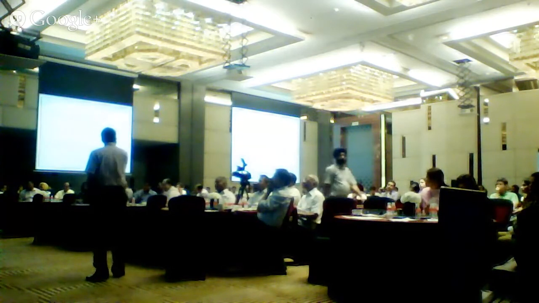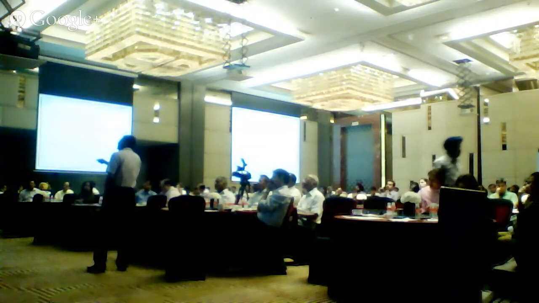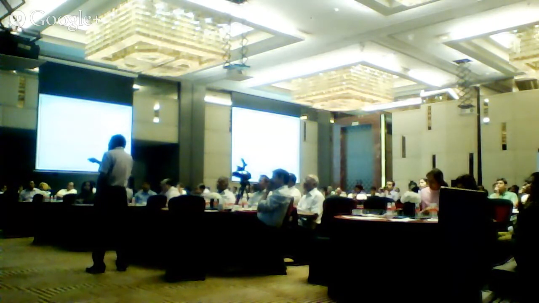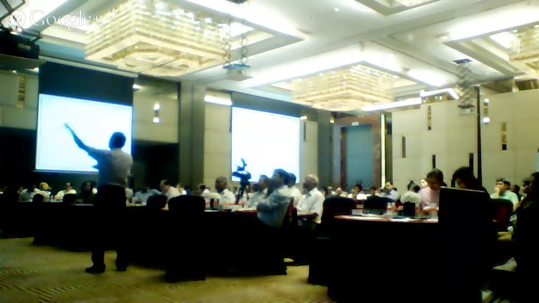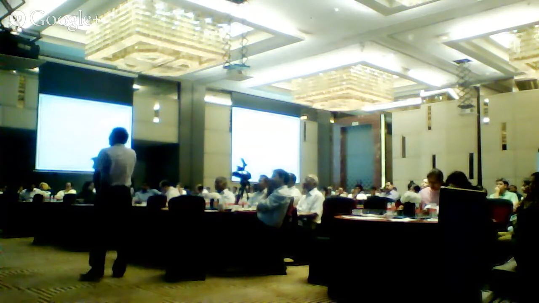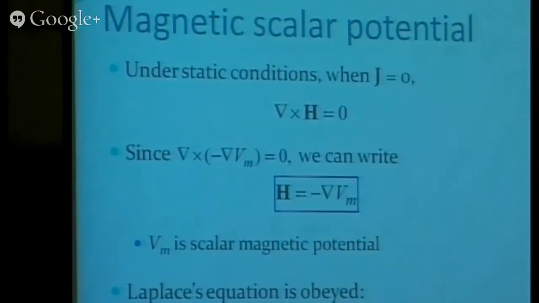Now, magnetic scalar potential is another. Again, under static conditions and under source-free conditions, curl of H is equal to 0. And the way we discussed earlier, curl of gradient is equal to 0. Therefore, we can write H as minus gradient of Vm, where Vm is called the scalar potential. If you recollect, initially we said that a potential is a function whose derivative gives a field.